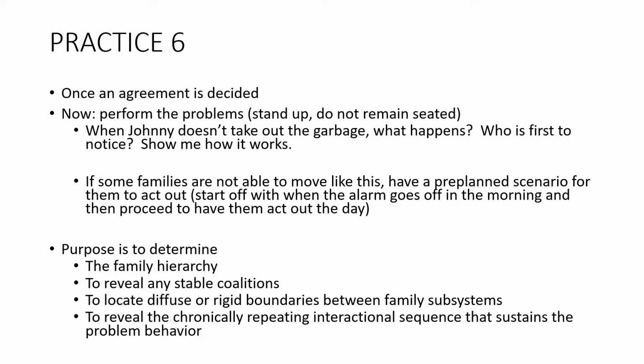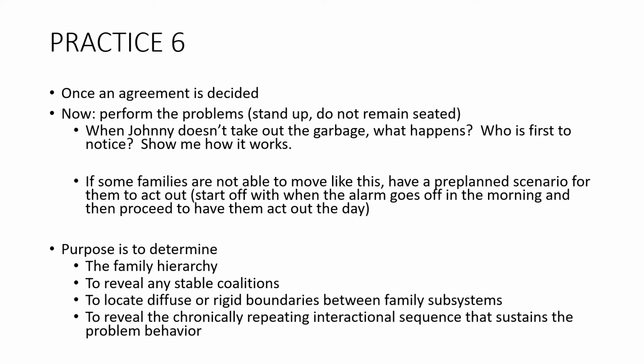Okay, so you're forcing them to get up and physically move around so that you can see how they interact with each other. And the purpose of this is, one, to determine the family hierarchy, so who's in charge; two, to reveal any stable coalitions, which basically means does the sister and the brother really depend on each other for support; three, to locate diffuse or rigid boundaries between family subsystems.